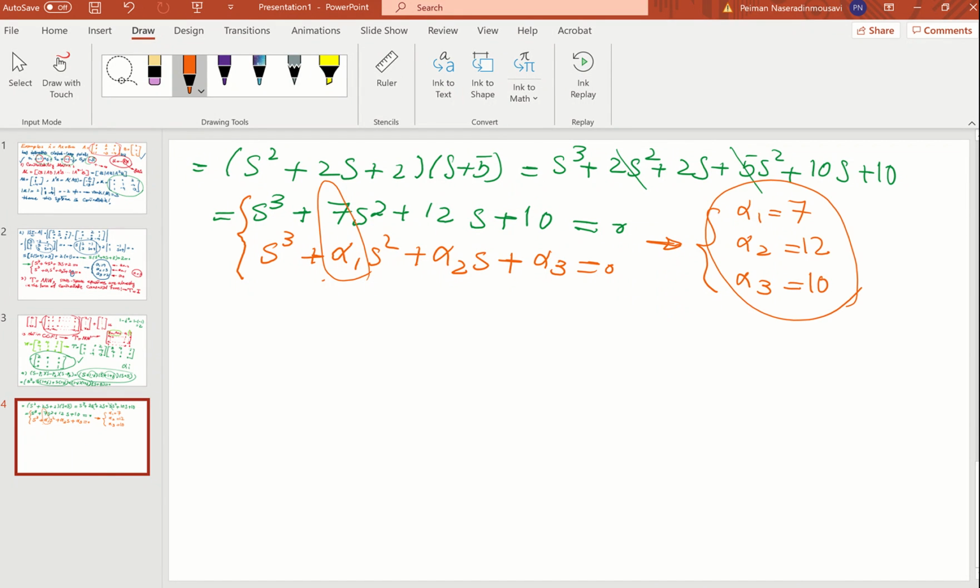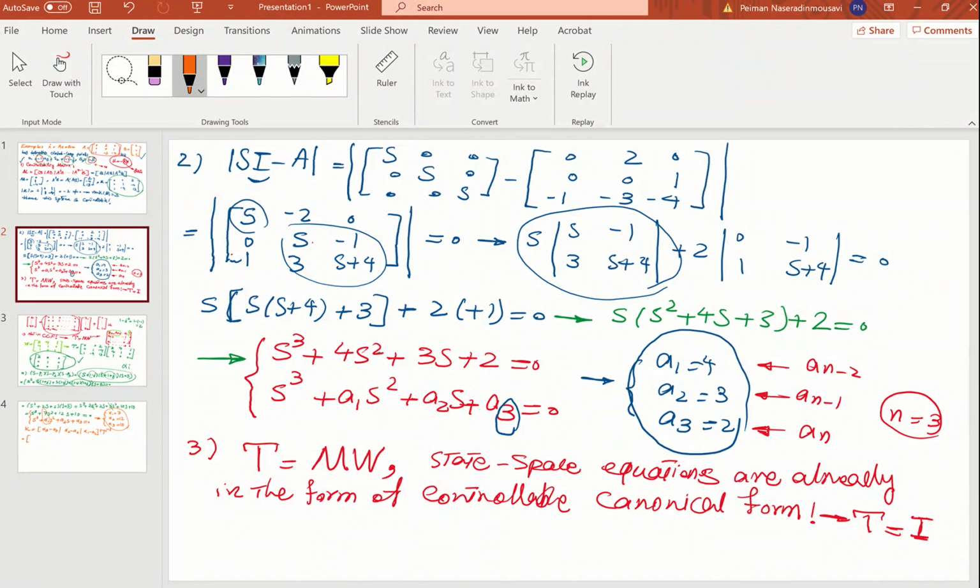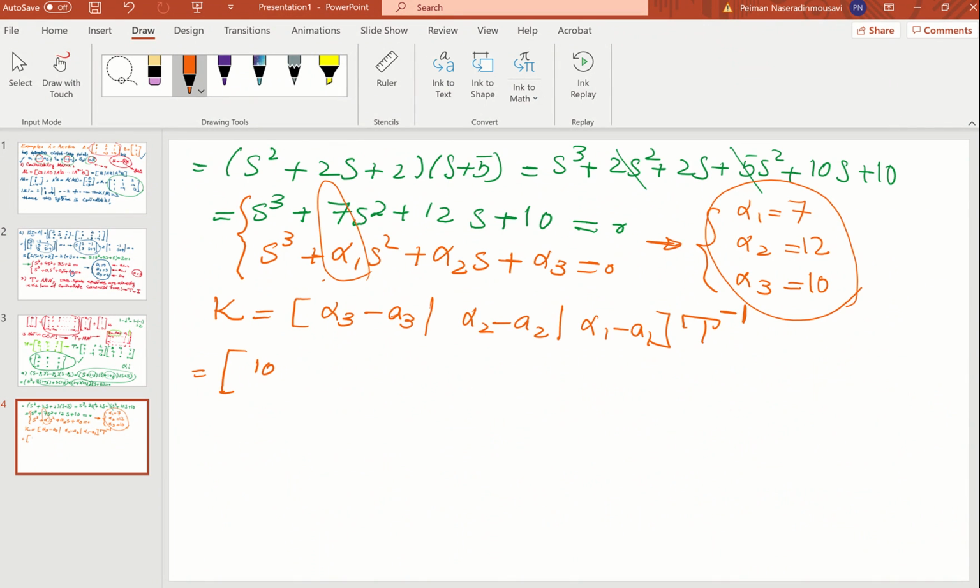Understand? Bingo. Now, based on what I taught in the class, the gain matrix is alpha 3 minus A3 that we found, alpha 2 minus A2 that we found, alpha 1 minus A1 that we found, times the inverse of the transformation matrix. Alpha 3 is 10, A3 is 2, so 10 minus 2.